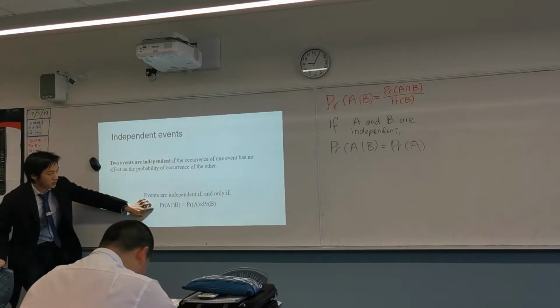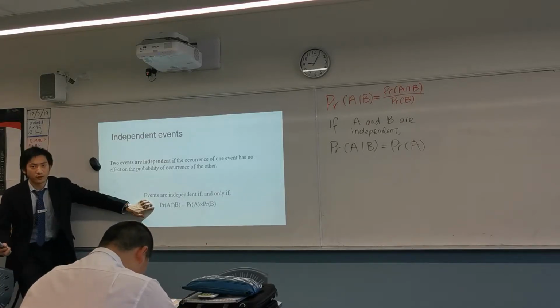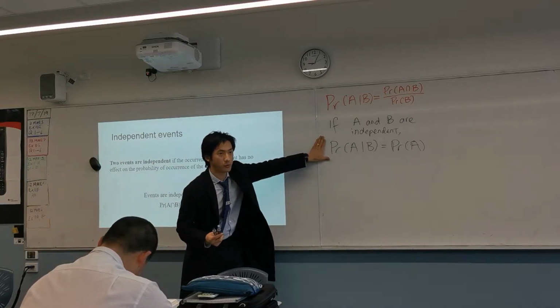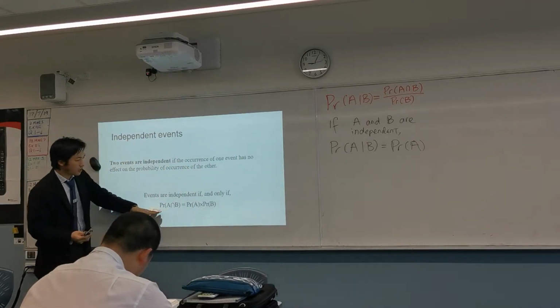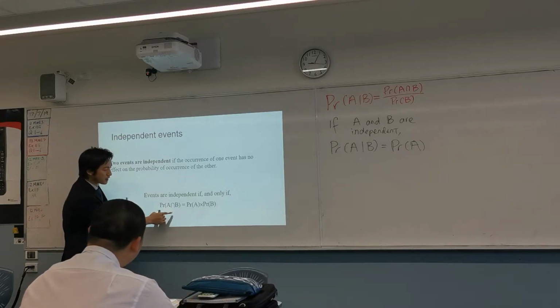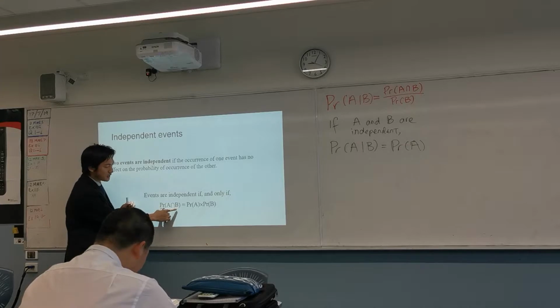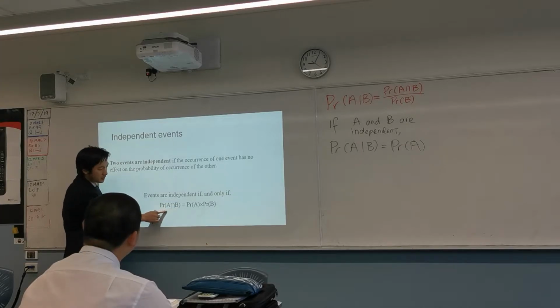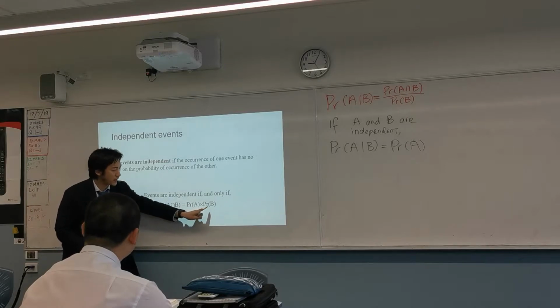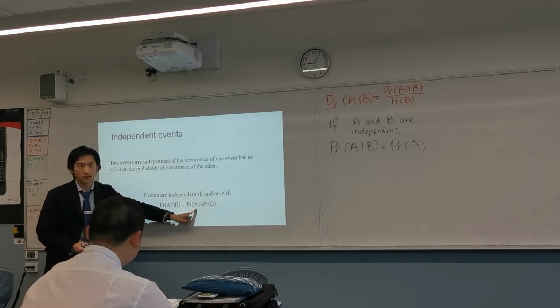At the bottom, we've got a different formula, which looks different from our previous formula. And now I'm going to show you how we get this. First, I'll state it out. This is telling us that events are independent if the probability of their intersection is equal to the product of their individual probabilities.